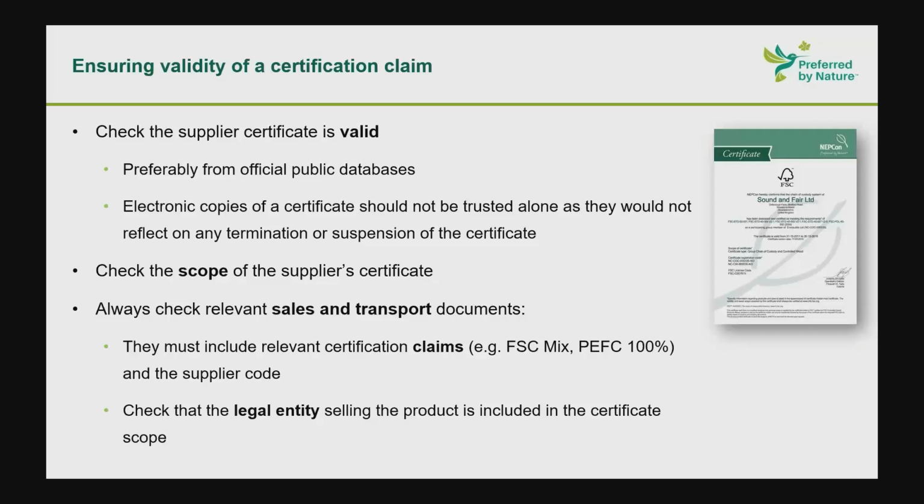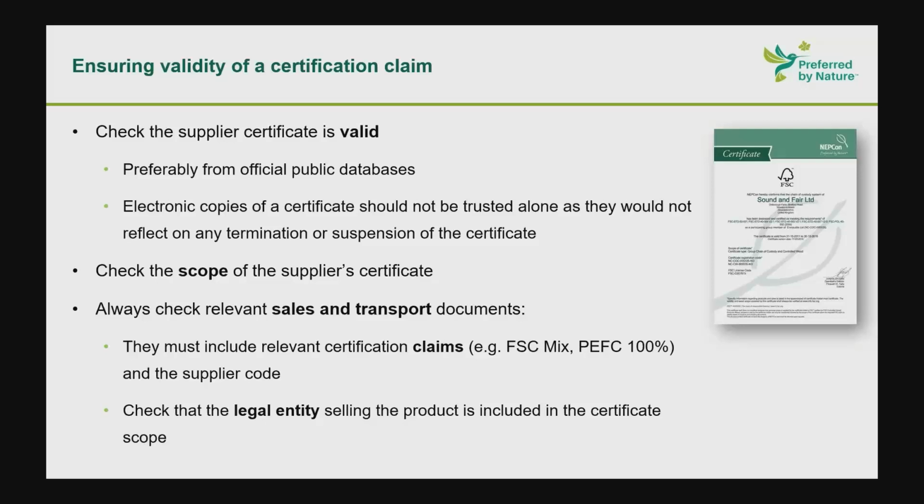So this material that you're buying, are the species and the product in scope of this certificate? And verifying that the product is certified is often possible with verifying relevant sales and transport documents that normally must include relevant certification claims.